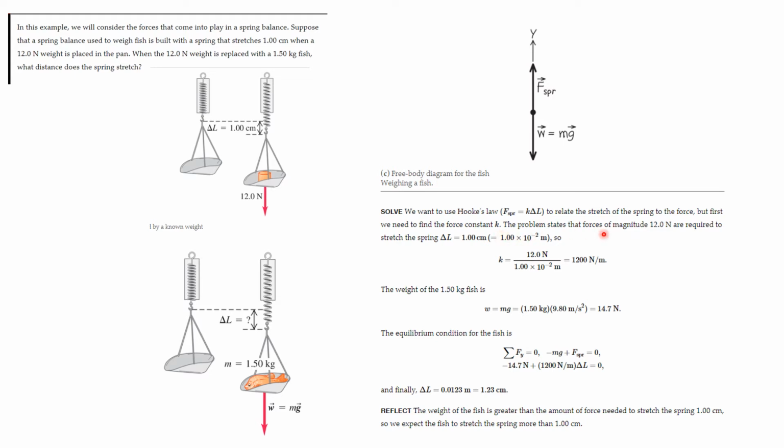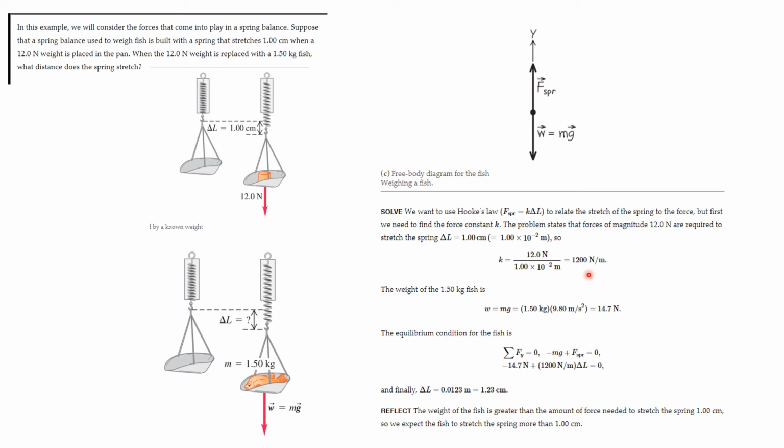The problem states that a force of magnitude 12 newtons is required to stretch the spring 1 centimeter, delta L, and 1 centimeter is 1.00 times 10 to the minus 2 meters. So K is the force of the spring divided by delta L, and we get 1200 newtons per meter.